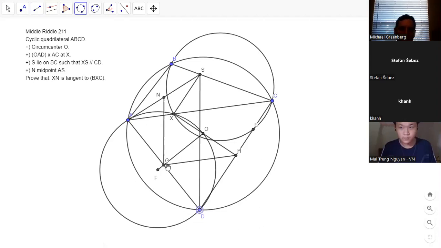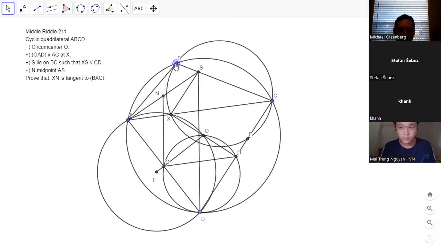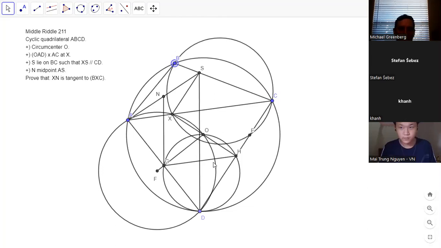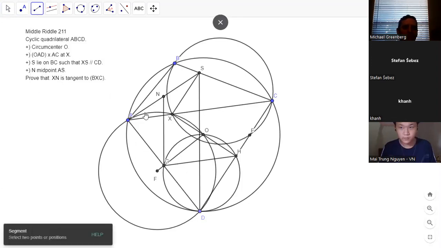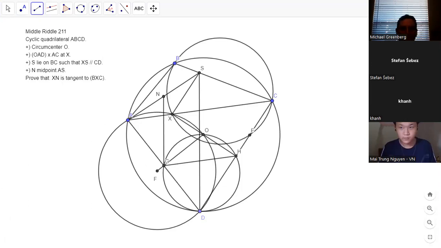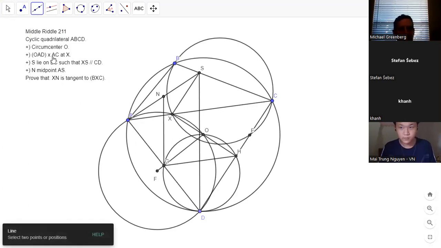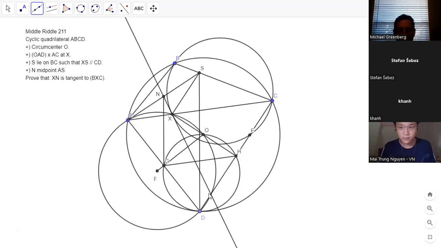So obviously this is cyclic. Are these concurrent?